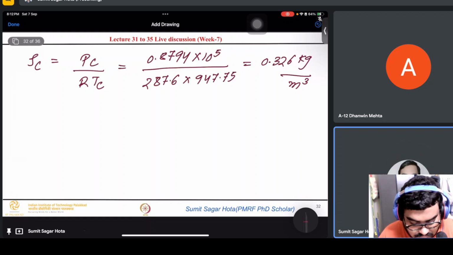So now we just find out the total mass flow.